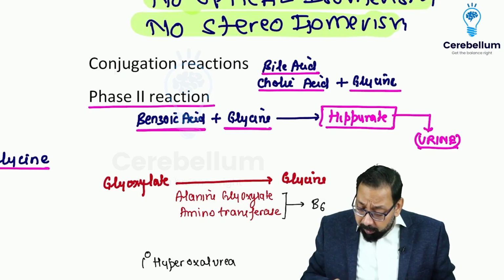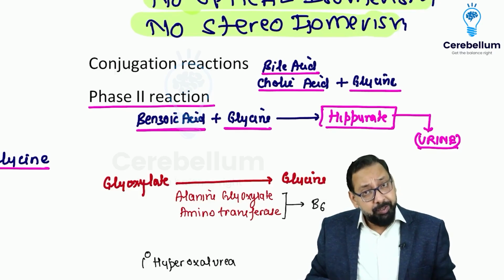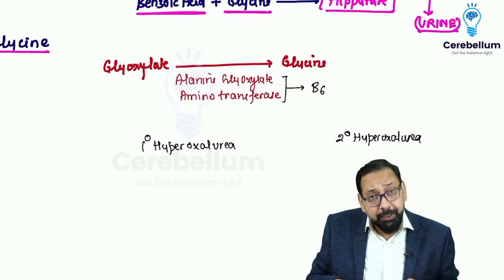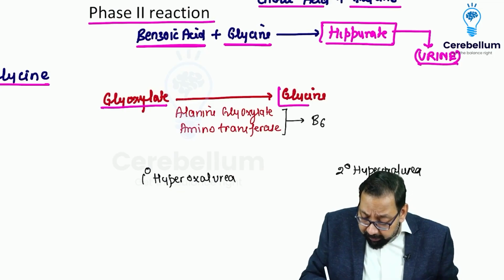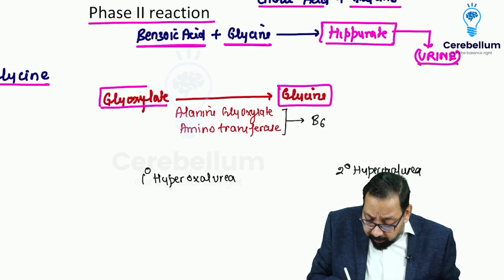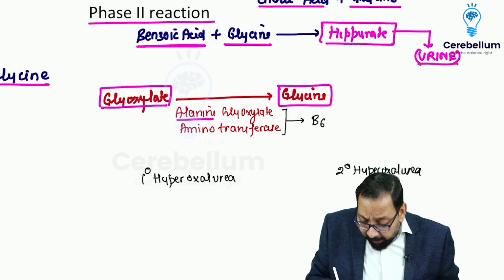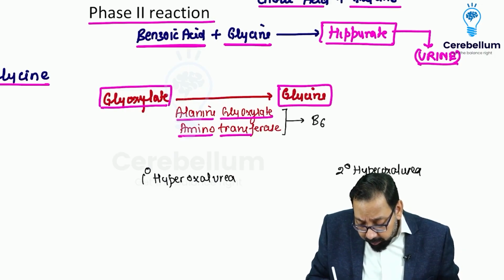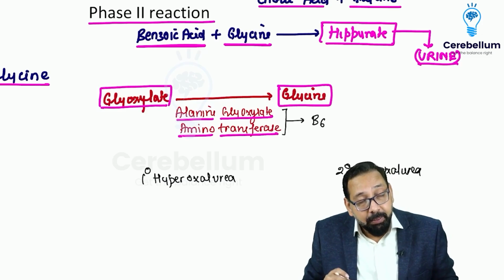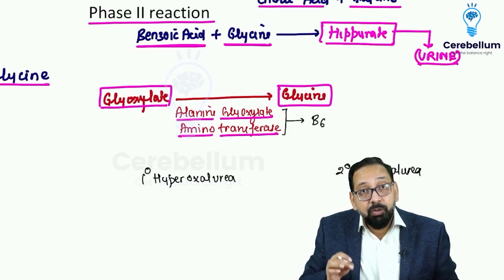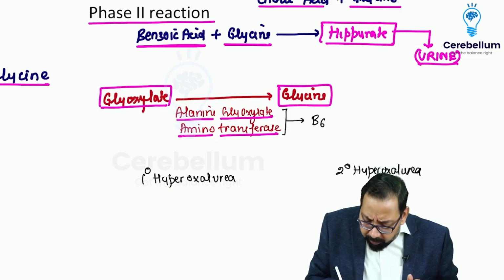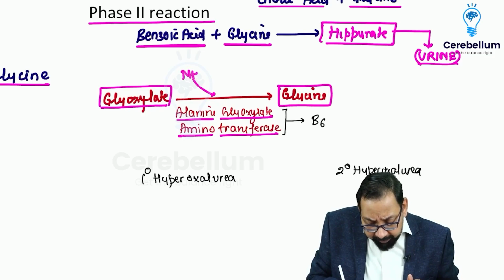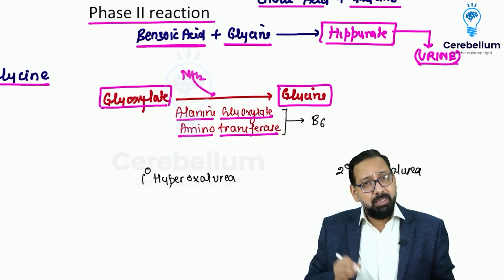Other than these conjugation reactions, a very important reaction is that glyoxylate is converted to glycine by the enzyme alanine glyoxylate aminotransferase. Means this enzyme helps in the transfer of an amino group to glyoxylate, and when you transfer the amino group to glyoxylate, it is converted to glycine.